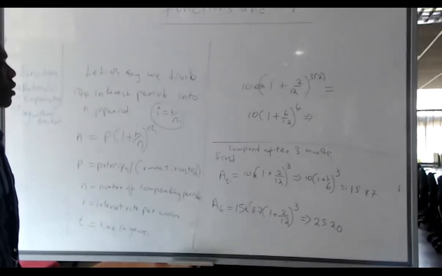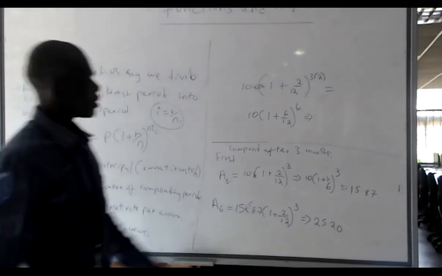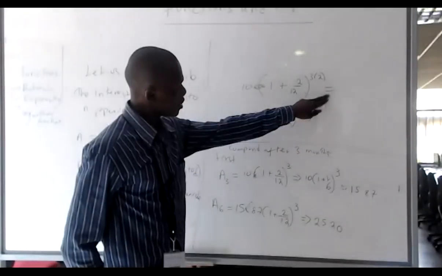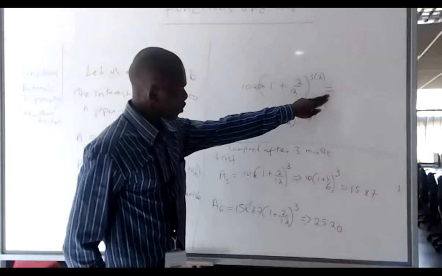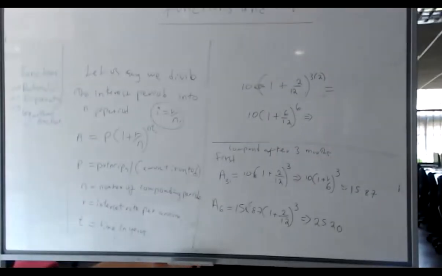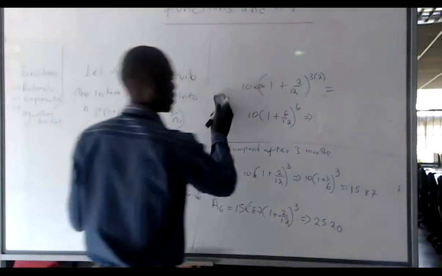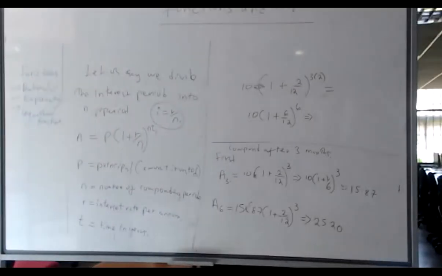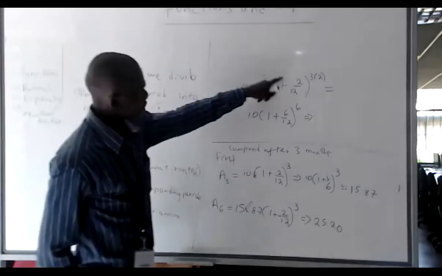Because the question's last one gives us 113.91. This gives you 25.21. No, let's do okay. 2 divided by 12.